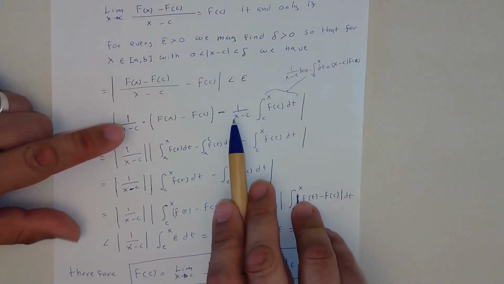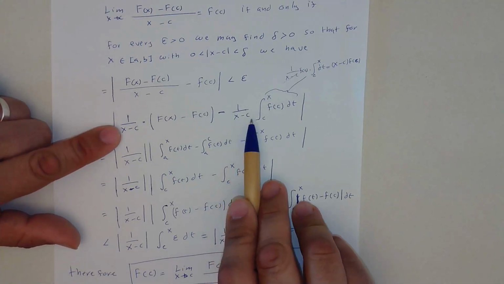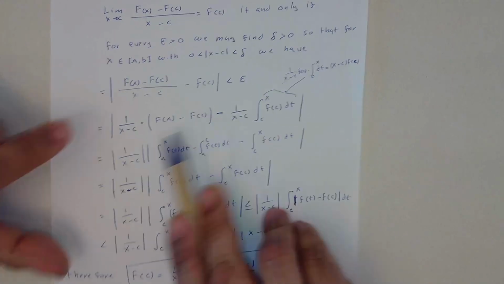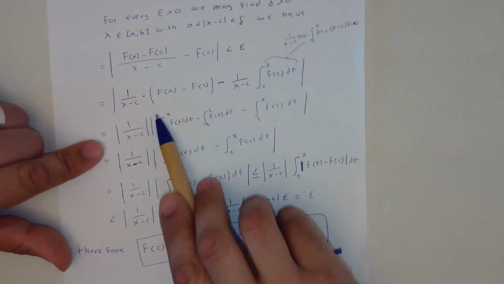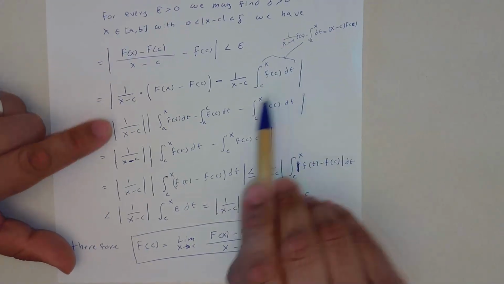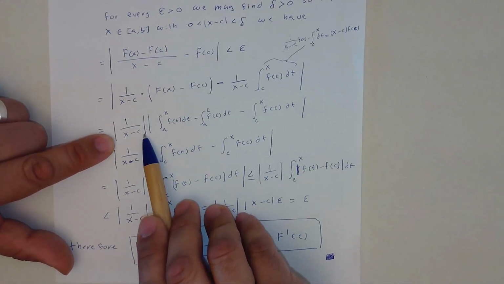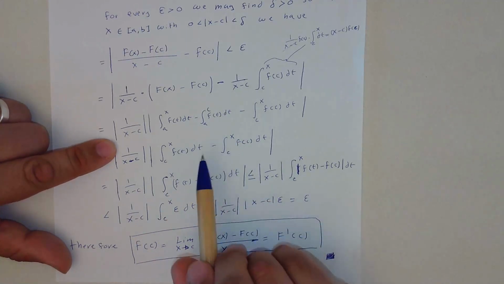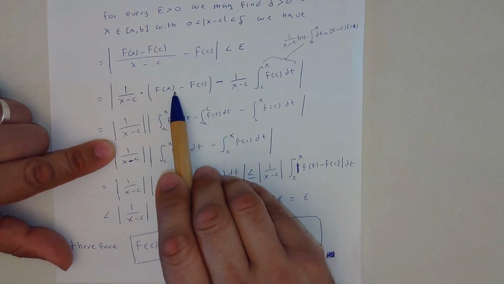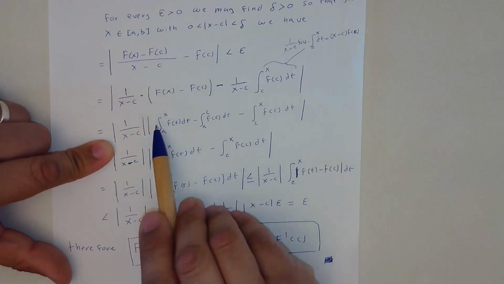Now that I have these two terms at the front of each of the other ones, I can move this outside of this difference, also carrying on the absolute value. Again, I just put the definition of capital F as the integral, right?